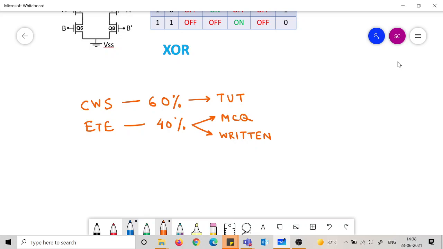It is in the same manner. You have to do it in the assignments section of the Teams. It will come to each one of you. Both this MCQ and the written will come as assignments in the Teams section.